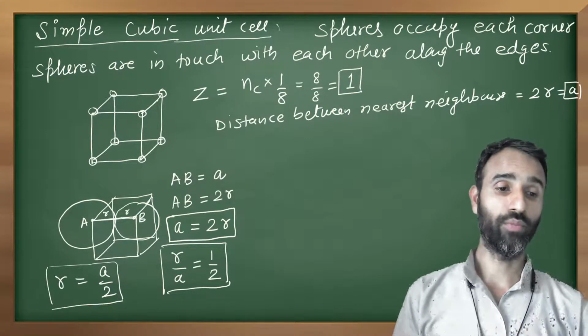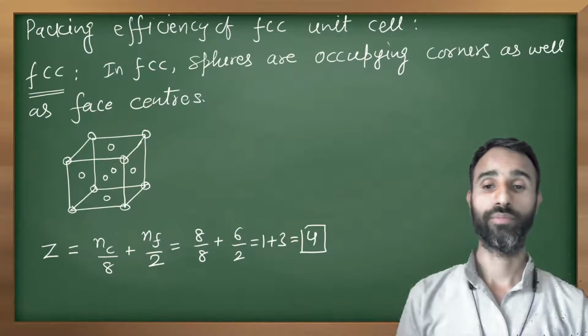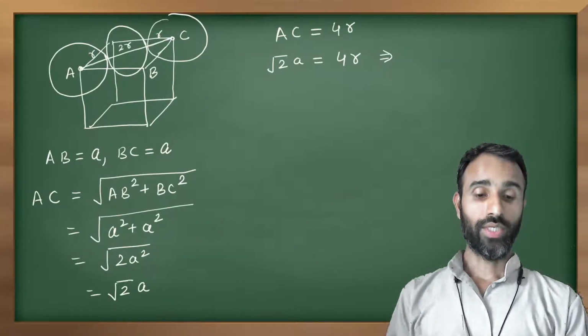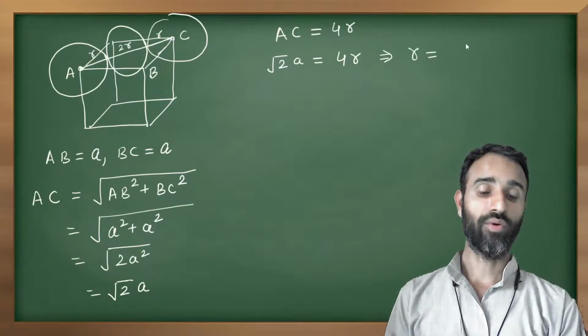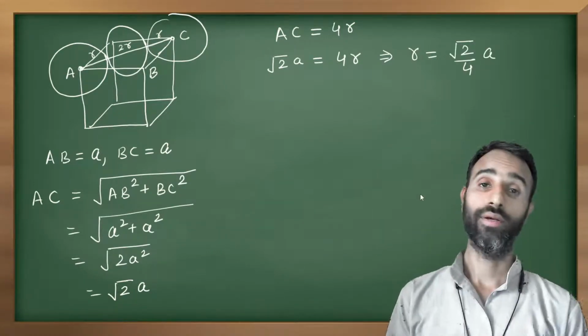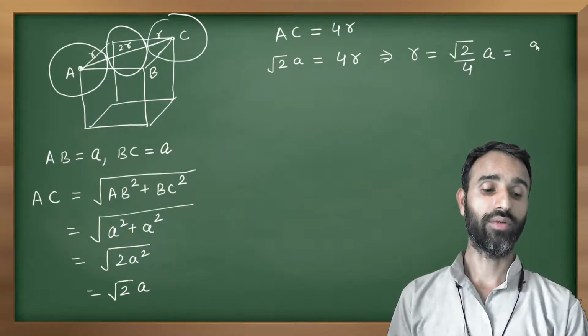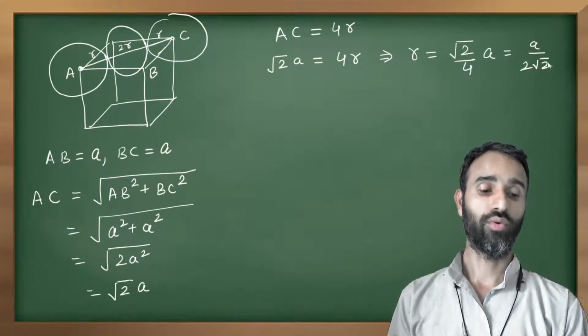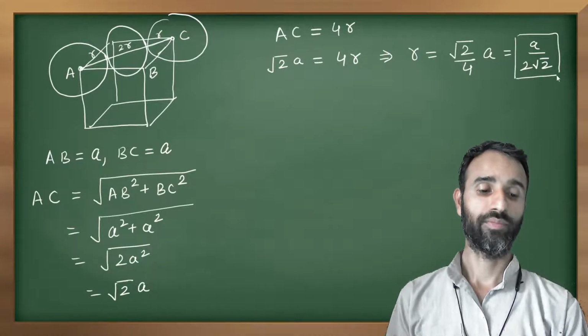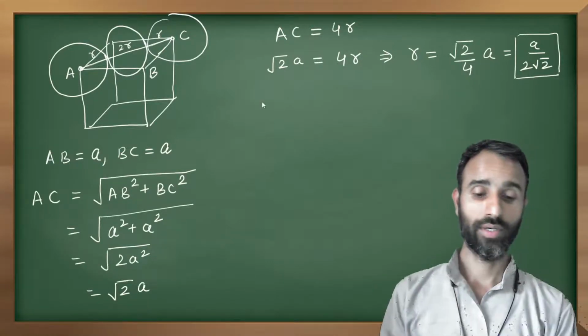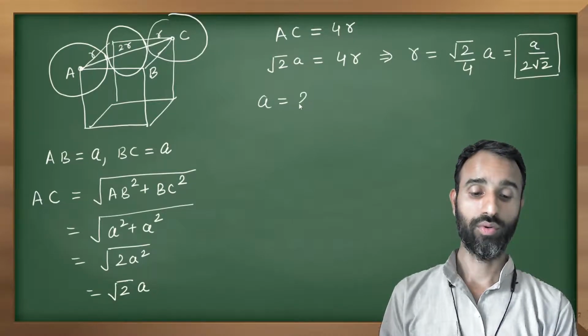Okay, in simple cubic. Now in FCC, what is the relation between R and A? R equal to root 2 by 4 A, or we can say it is equal to A by 2 root 2, or A equal to 2 root 2 R. And distance between nearest neighbors, that is A by root 2.